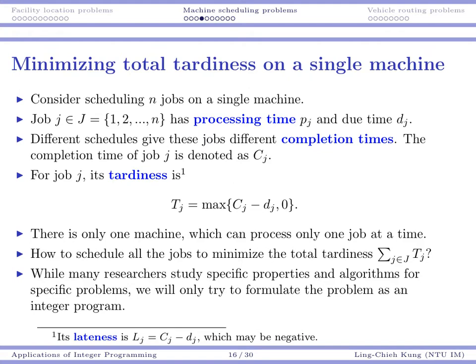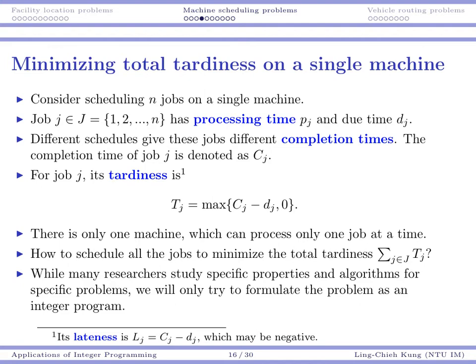Then with Cj and dj, we define the tardiness of a job as the following. Okay, if Cj is greater than dj, that means you complete this job after its due date. Then the tardiness is the difference between the two times. But if you complete a job before its due date, then the tardiness is 0. Okay, this is just different from lateness in this field.